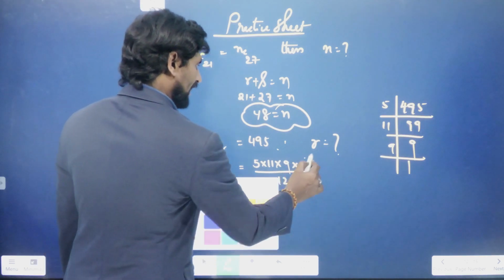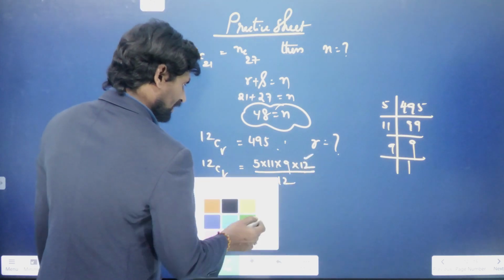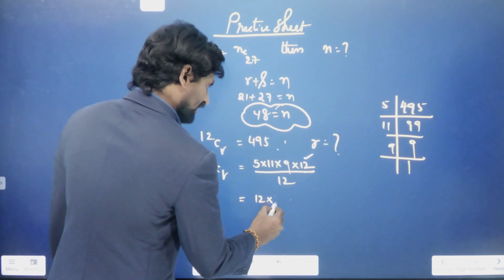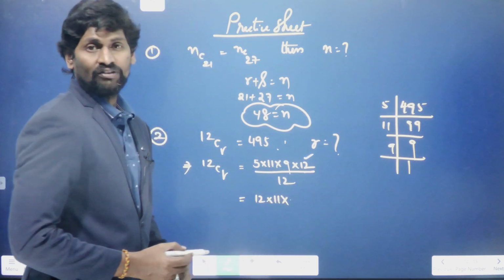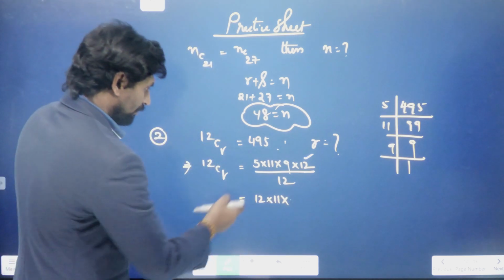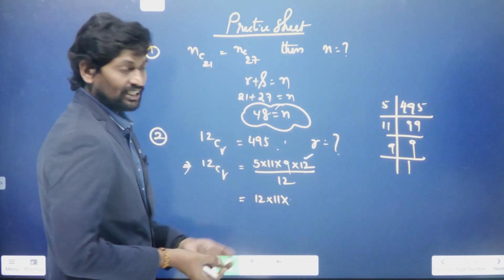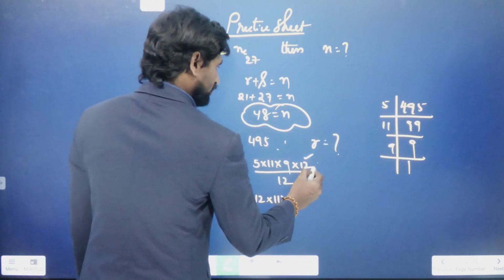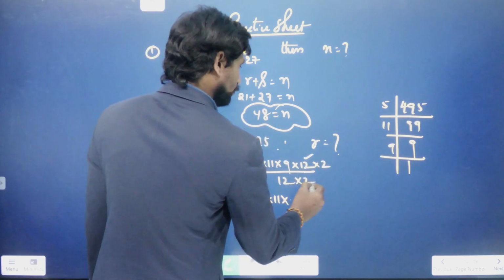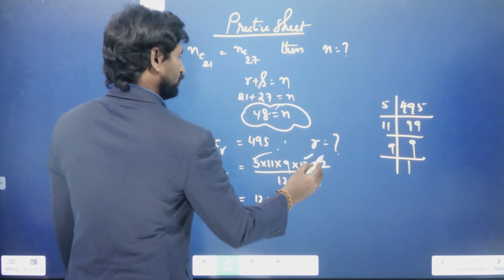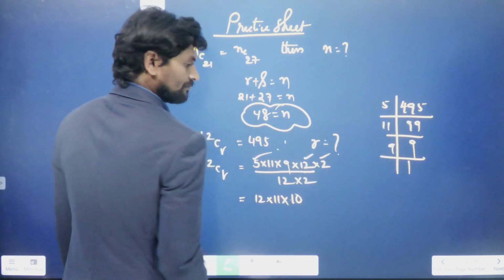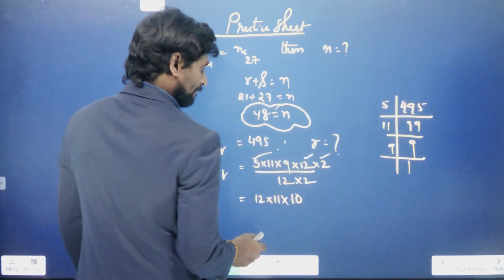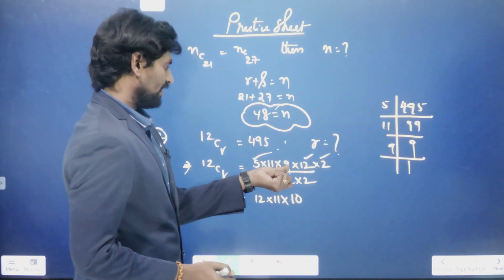After 12 I need 11. 11 is also there in the prime factorization, so I can take 11. After 11 what do we need? 10. But here 10 is not there, but 10 related 5 will be there. If you multiply and divide by 2, 5 2s are 10. So let us multiply and divide by 2. Then 5 into 2 we can take as 10. And what is remaining? 9.